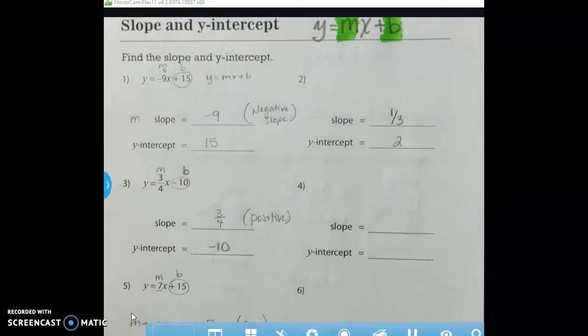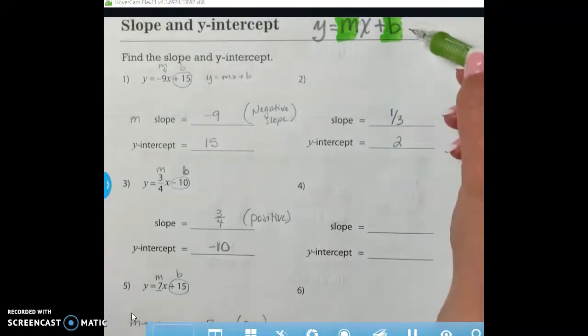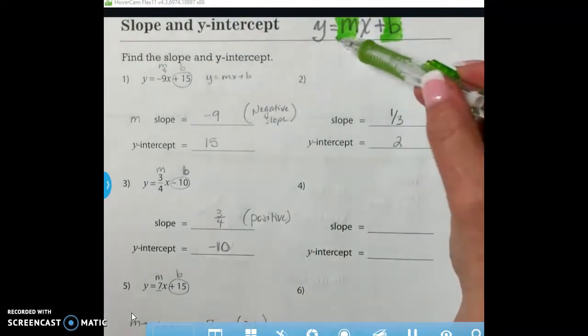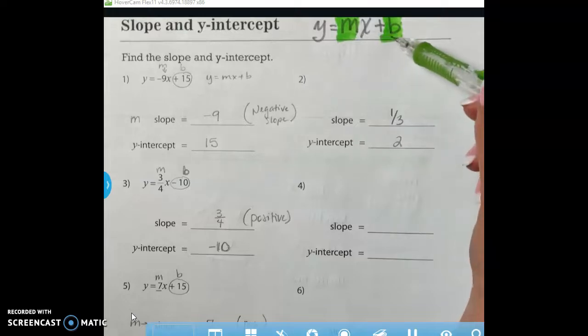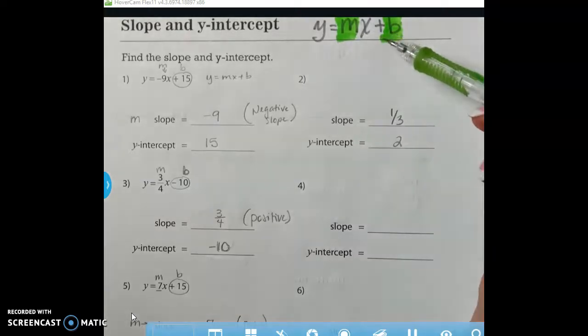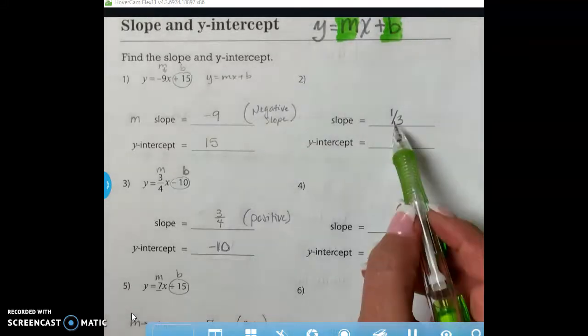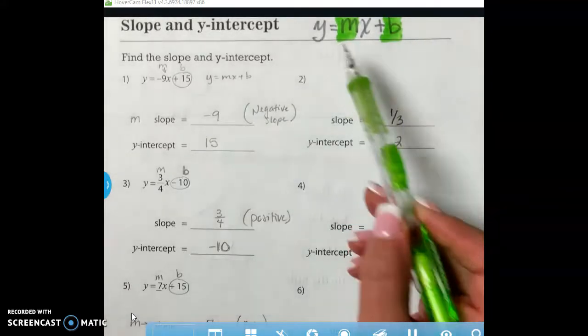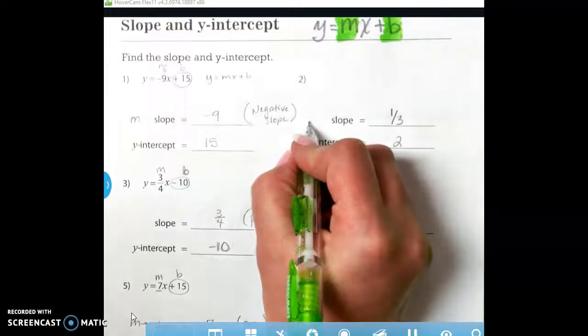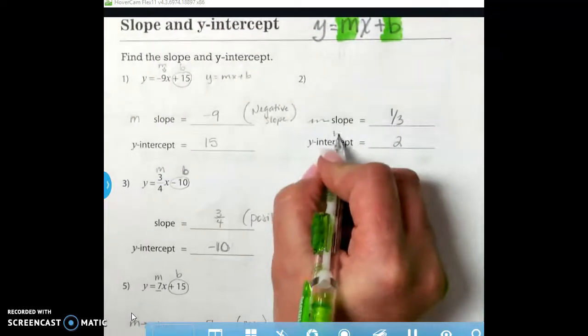How does your equation look? So let's go to the original format. Y equals mx plus b. The values that we're always going to analyze, and we always need for graphing, are these two, the value of m and the value of b. So this is our m and this is our b.